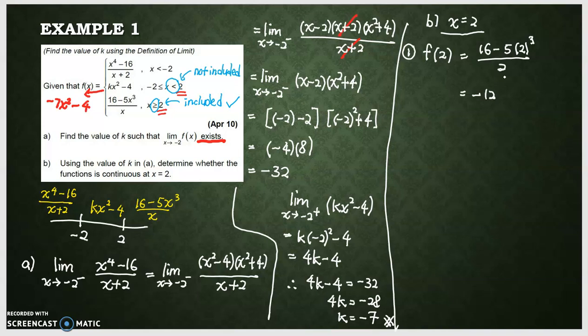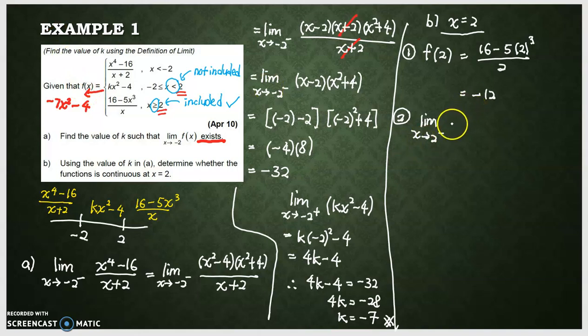Now we go to the second condition. We try to find the left hand limit and the right hand limit. The limit when x approaches 2 from the left hand side: the function is negative 7x squared minus 4.